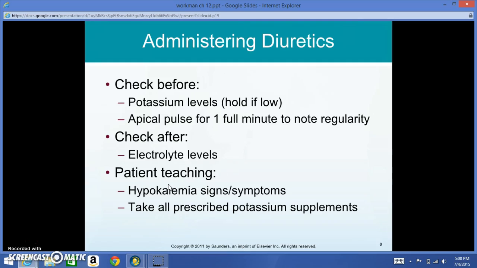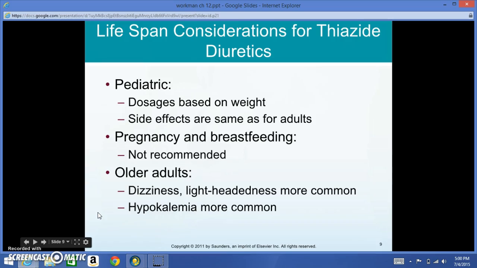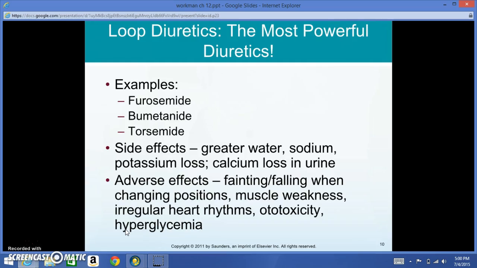Also tell them to take all prescribed potassium supplements, because being low on potassium is a dangerous thing. For older adults, dizziness and lightheadedness are more common, and hypokalemia is more common. Remember, with older adults, everything is delayed and slowed and diminished, and they are definitely in a position to be affected by everything that happens to them.